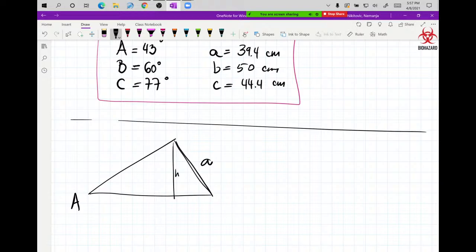I hope you see that you can also draw A here with this same distance x from H.